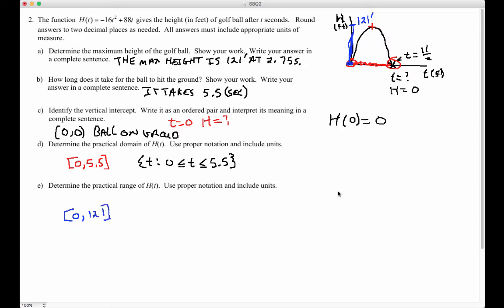Or again, if you felt empowered by putting it into set builder notation, you could do that. It is a set of h's such that our h's go between 0 and 121. Either one of those would be just fine.